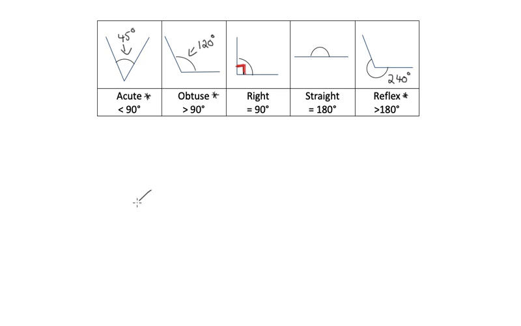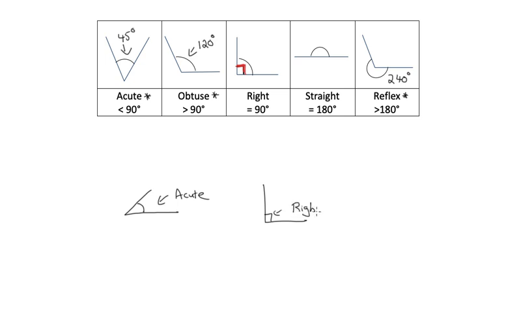So the worksheet will have an angle that looks like this, and you'll have to say, okay, this is less than 90 degrees, so this is an acute. Or you'll see one that looks like this, and whenever you see this little bit here, you'll say, okay, that means that that's a right angle.